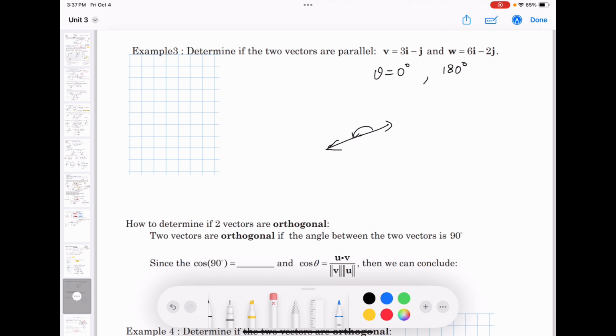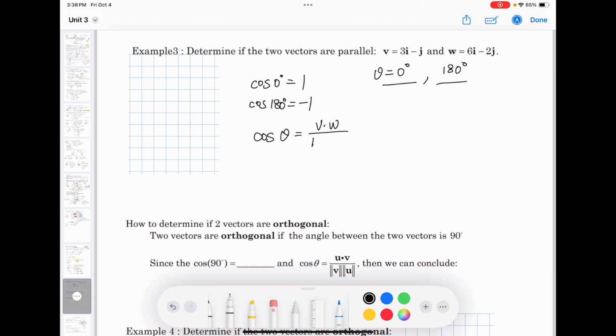So these two vectors are parallel to each other. So in what case? I already introduced the two cases. So cosine 0 equals what? Equals 1. How about cosine 180 degrees? It's equal to negative 1.